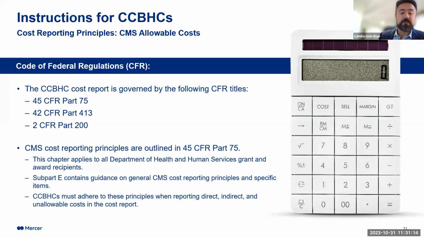It's very important to remember that Chapter 45 Part 75 governs the grant and award recipients, and Subpart E of the CFR Part 75 provides guidance on general CMS cost reporting principles and specific items. CCBHCs must adhere to these principles when reporting direct, indirect, and unallowable costs in the cost report. So the trial balance basically will capture all of these direct, indirect, and unallowable costs in the report.